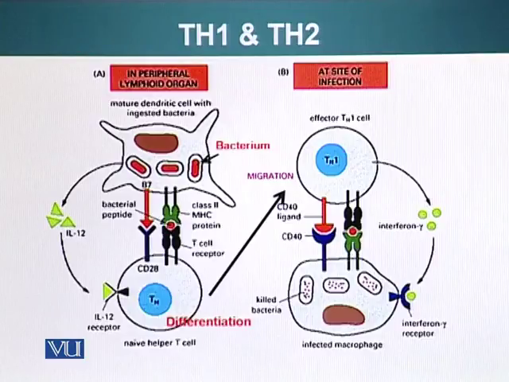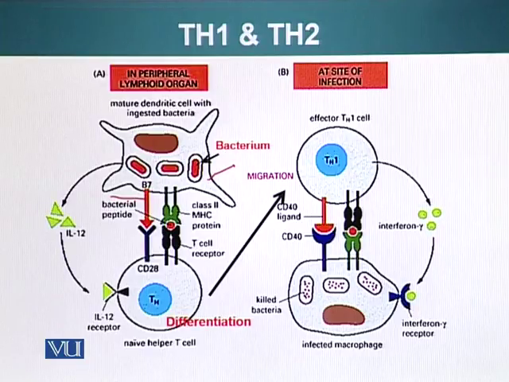First of all, let's see how helper T cell type 1s function. As we have just seen, they are activated by the antigen-presenting cell. This antigen-presenting cell, the dendritic cell, is displaying the B7 molecule since it is a mature dendritic cell. This is the second signal.